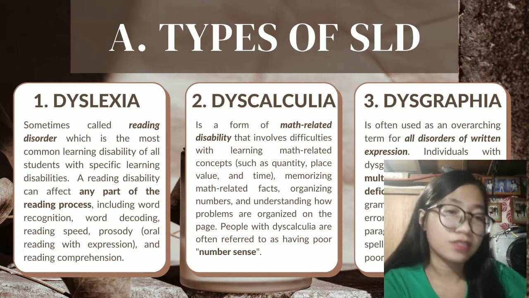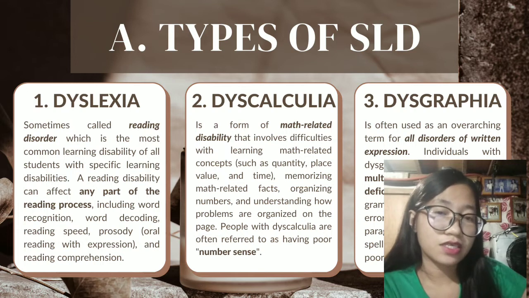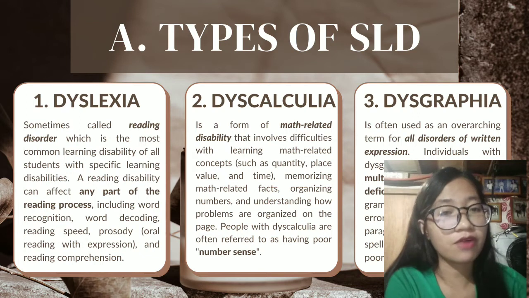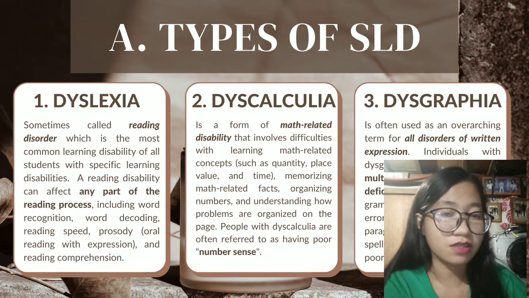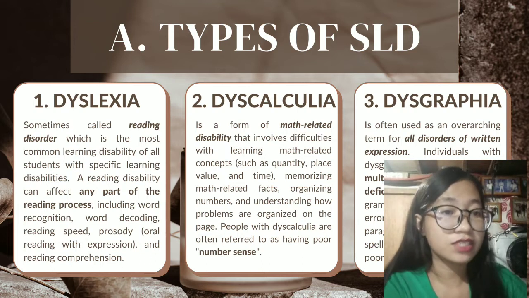Then prosody, or oral reading with expression. When he reads, for example a poem, which has rhythm and expression to convey the emotions, a student with dyslexia struggles and does not read with expression.